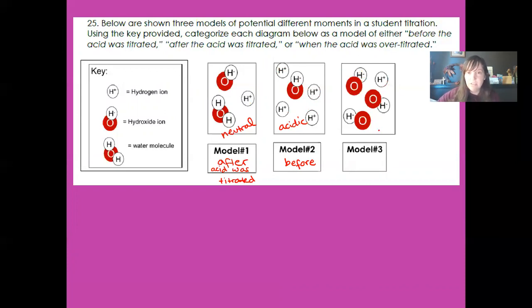So this solution is basic. So that means they actually added too much base. They neutralized it and then kept going. It got light pink, then dark pink, then really dark pink, and they just kept adding more base. So this one was over titrated. They went to the neutralization point and kept going.